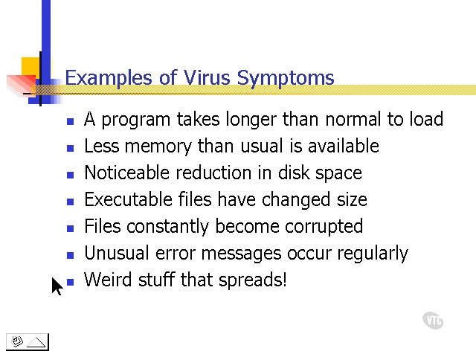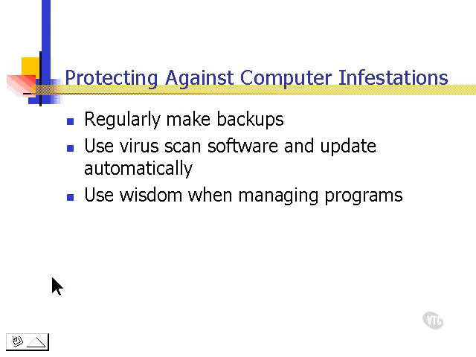To avoid getting viruses, the things that we should do are regularly make backups, use virus scan software and update it automatically. This is the most important thing. Install some good antivirus software like Norton Antivirus or McAfee Antivirus, to name a couple.